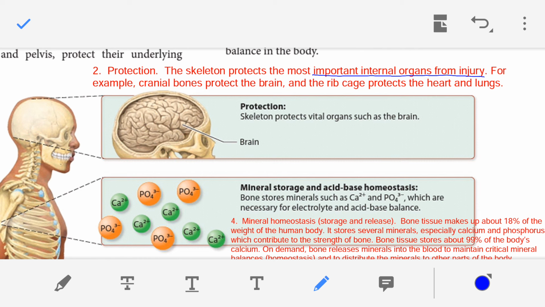For example, the cranial bones of the cranium protect our brain. Our brain is protected inside the cranial bones, and the rib cage protects the heart and lungs. So protection: the skeleton protects vital organs such as the brain.